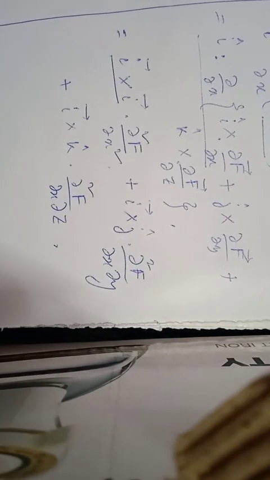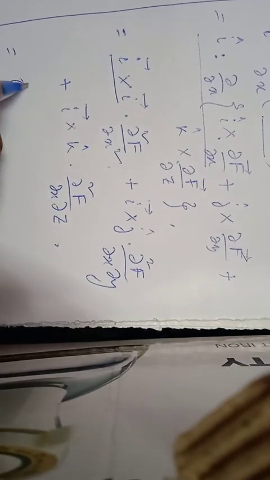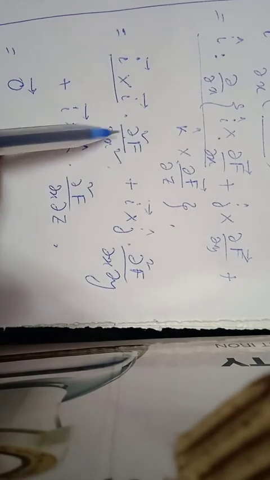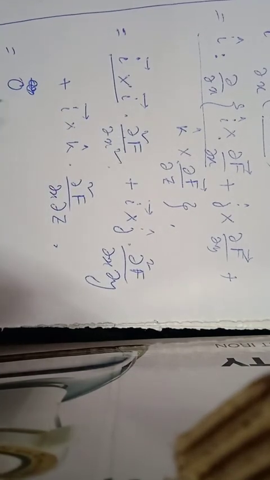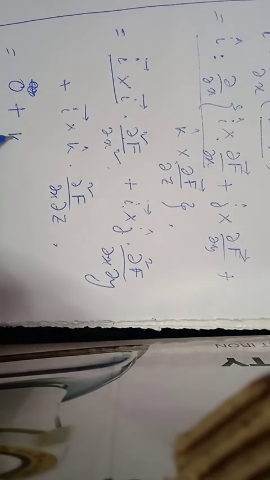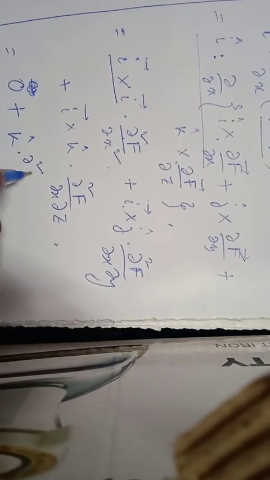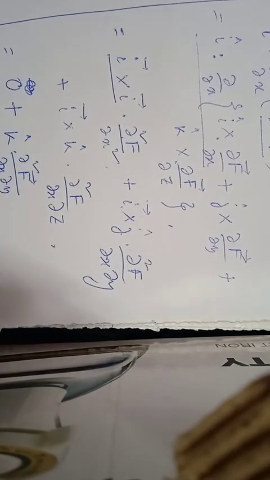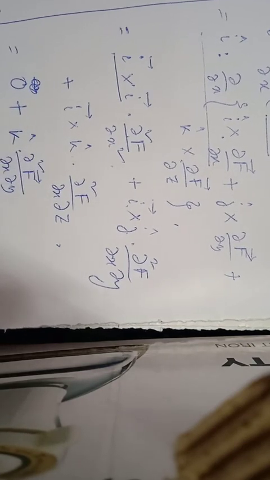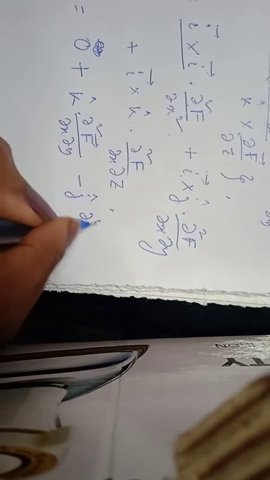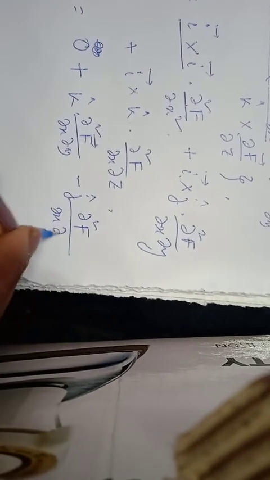Now the value of i cross i will be the 0 vector, then the 0 vector dotted with some vector is obviously the scalar 0, plus i cross j, whose value will be k cap, so k cap dot del²f/del x del y. From i cross k, its value will be minus j, so minus j cap dot del²f/del x del z.